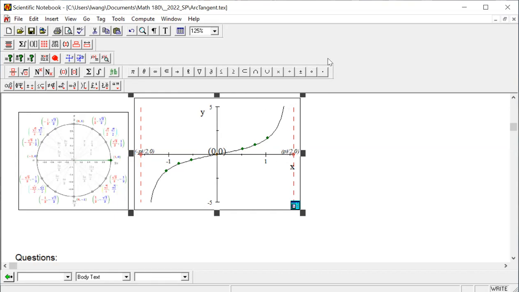With that, a truncation takes place. We basically have chopped off quadrant 2 and quadrant 3. So for only this piece, we define arctangent.